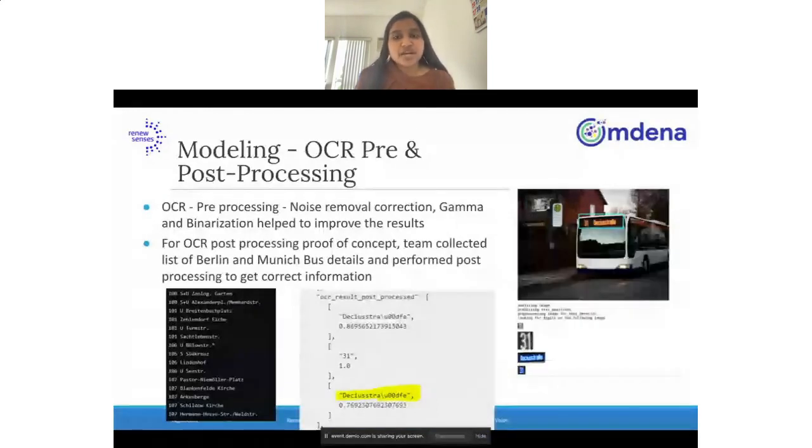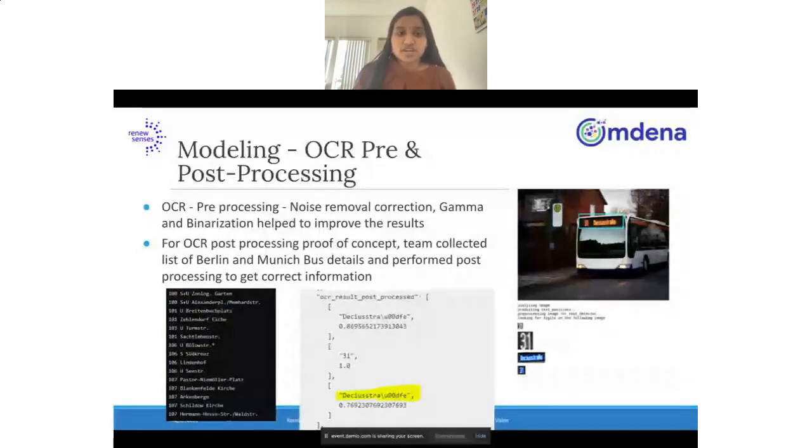And the last part is the post-processing, where we removed unnecessary voice and noise, and ensured that we got the correct details for the proof of concept, because we wanted to have a two-layer validation, since we cannot make any miscalculations or misjudgments on this.